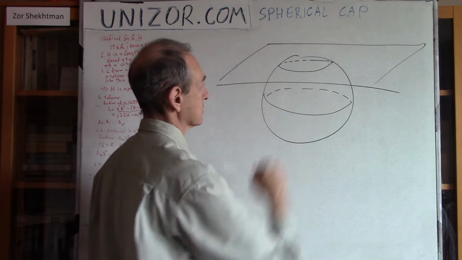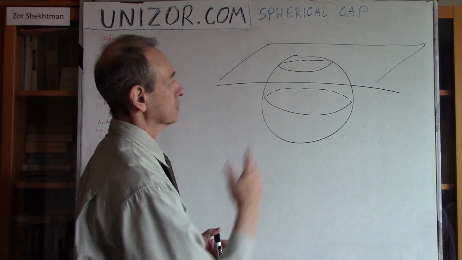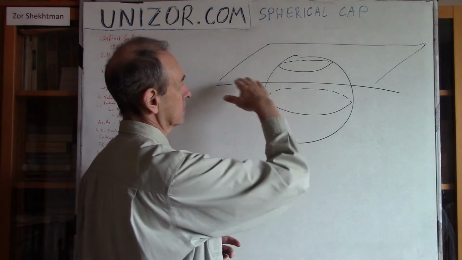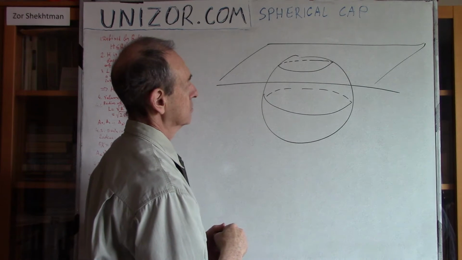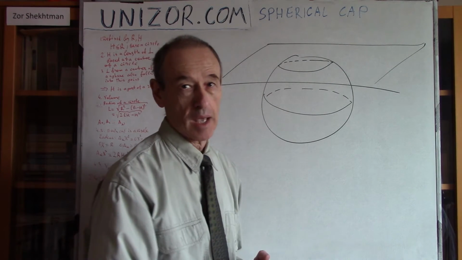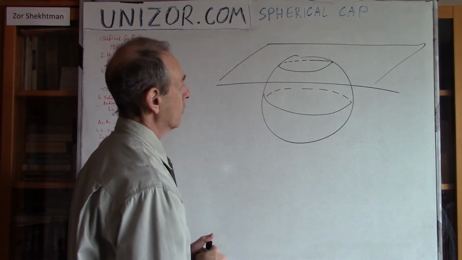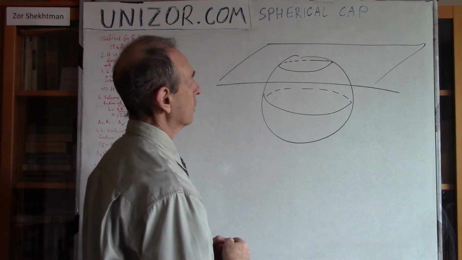The top surface of it is called a dome, and the flat bottom is the base of the cap. So our task today is to calculate its volume.